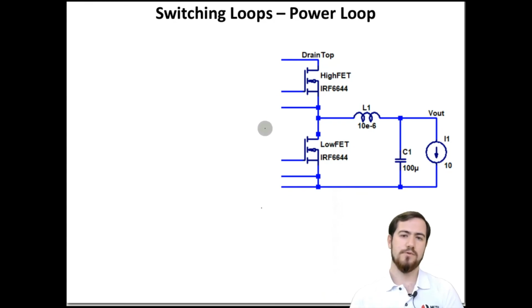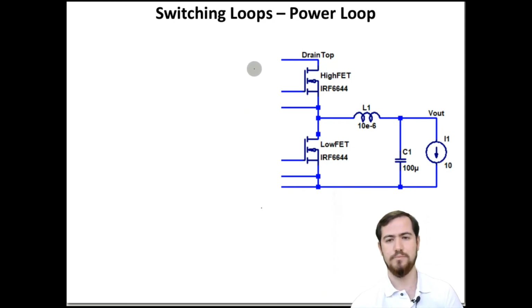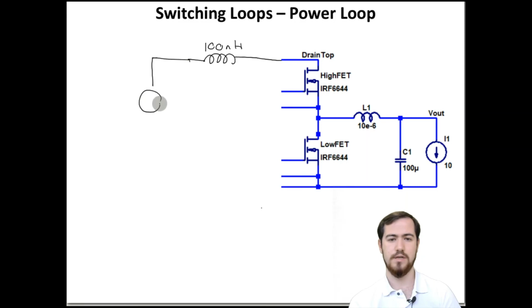Okay, let's now talk about the switching loop design for the power loop. We will be discussing a circuit which was like that. We had a power loop inductance of 100 nanohenry, which is connected with our DC source, like this one.